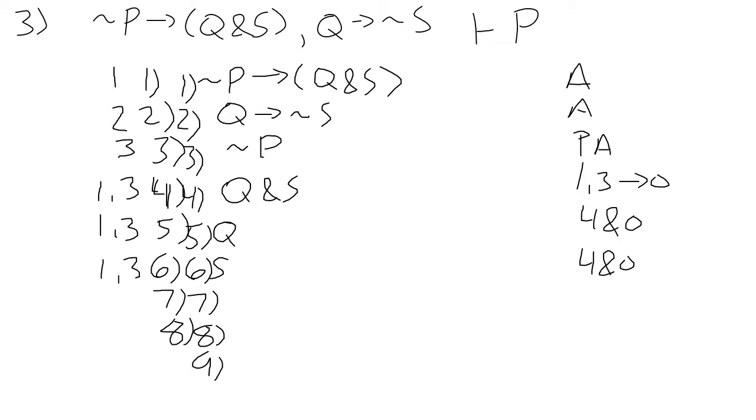Now we can toss the Q into our second conditional, or the conditional in our second line, to get tilde S. So that's 2 and 5, arrow out. 2 and 5, or 1, 2, and 3. We can put both of those together to do 6 and 7, ampersand in.